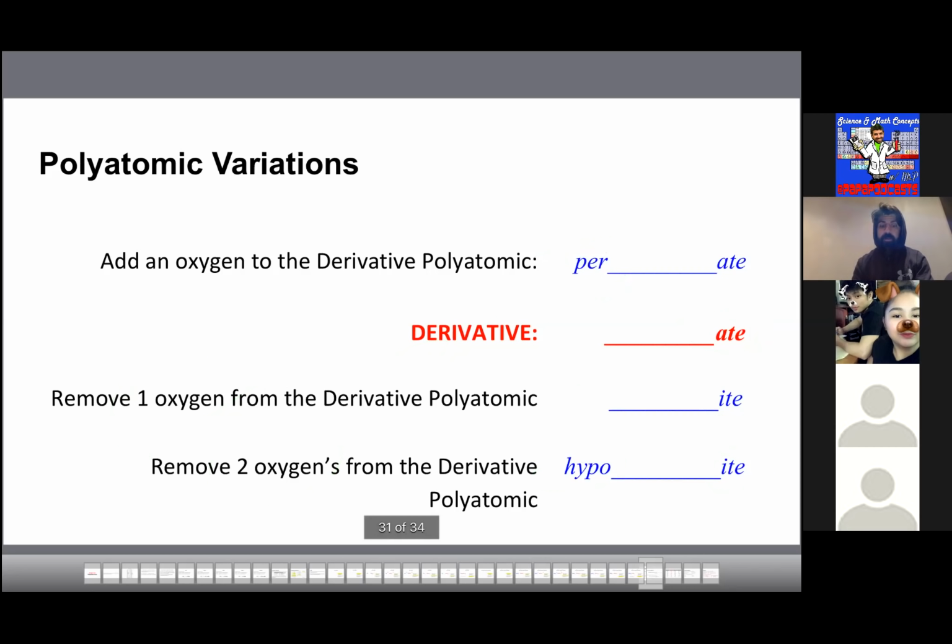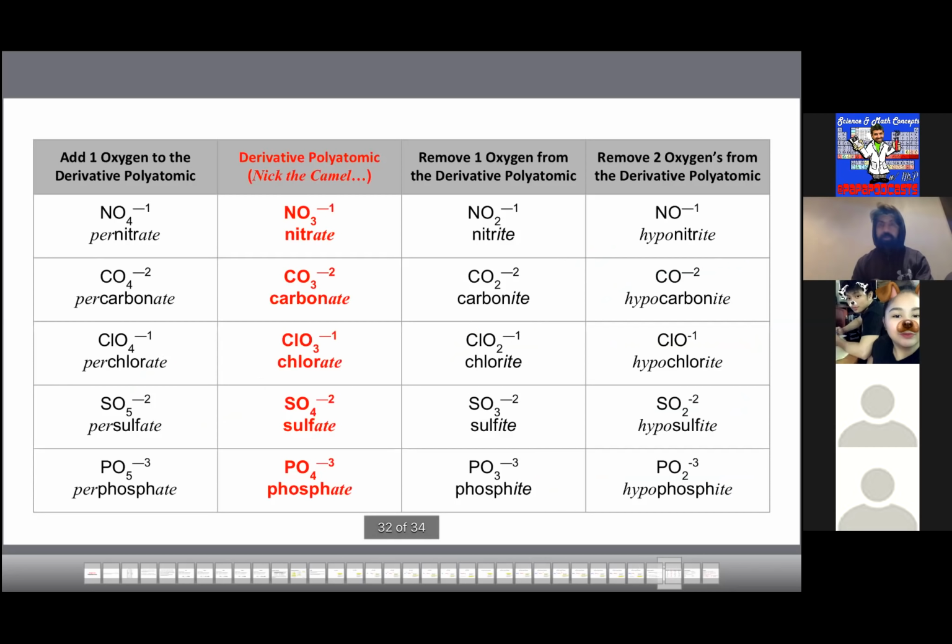The other thing to make note of, remember when we were adding hydrogen to the polyatomic, that a charge got removed? When we remove an oxygen or add an oxygen to the polyatomic, notice the charge, the oxidation numbers, are the exact same for all of them. So all the nitrate ones, they're all the same.